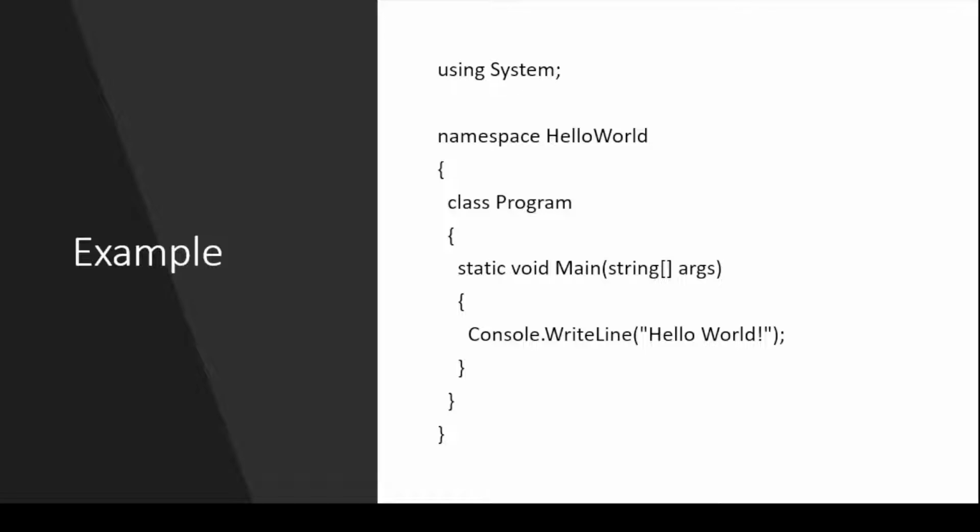Here's an example using System, which is a namespace. A namespace HelloWorld could be created which can contain a class Program, and that class can contain a method named static void Main, which can consume different arguments, and then it can return something.